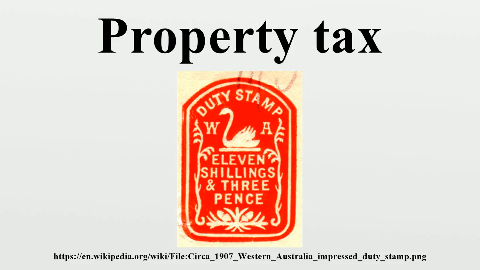In the case of properties valued over €1 million, no banding will apply. 0.18% will be charged on the first €1 million and 0.25% on the balance. The government estimates that 85% to 90% of all properties will fall within the first 5 taxation bands.